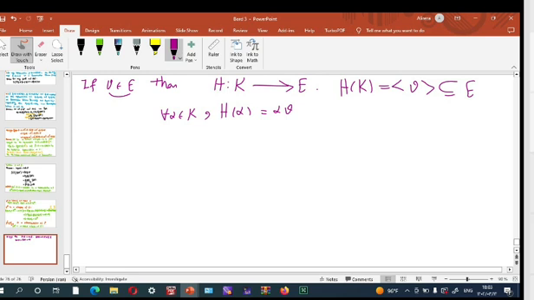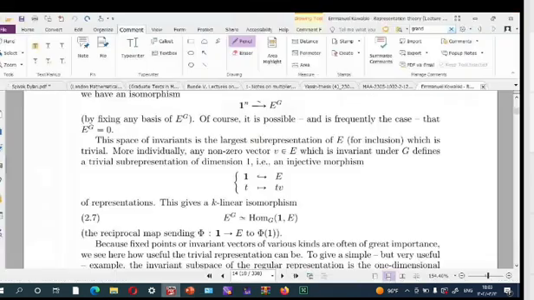V in our vector space E. This one means the whole of vector space K.